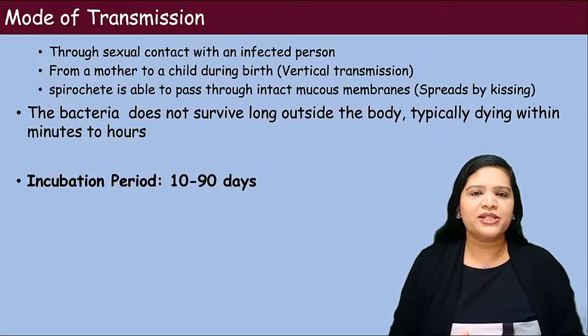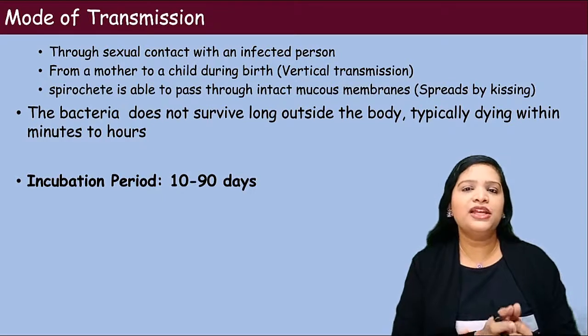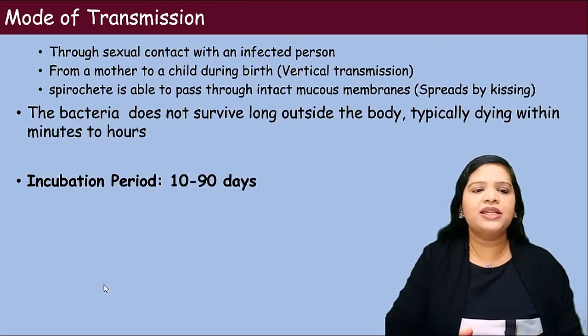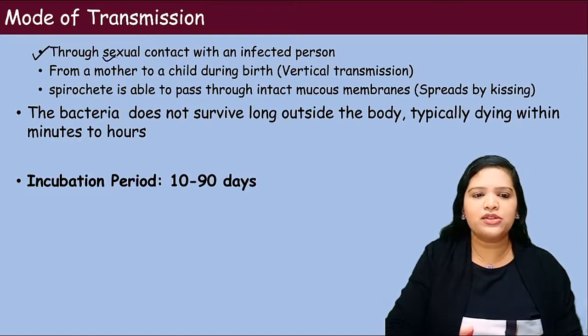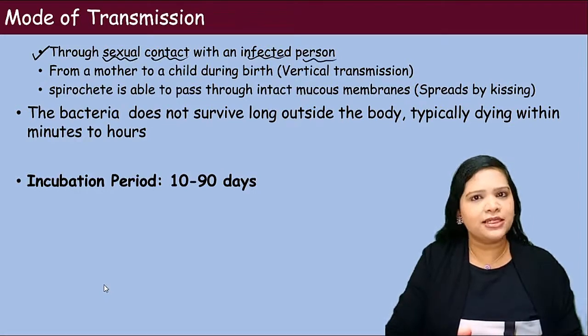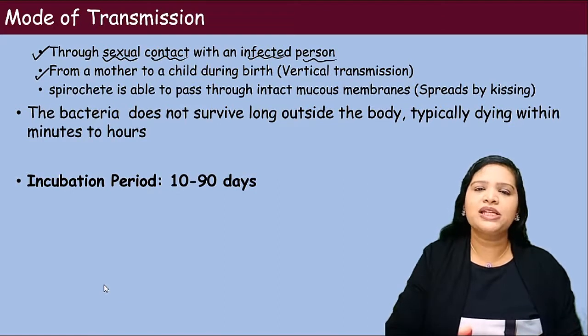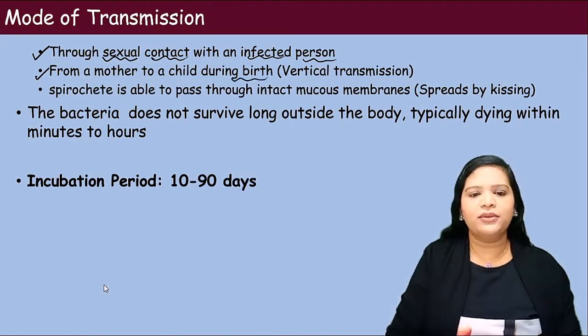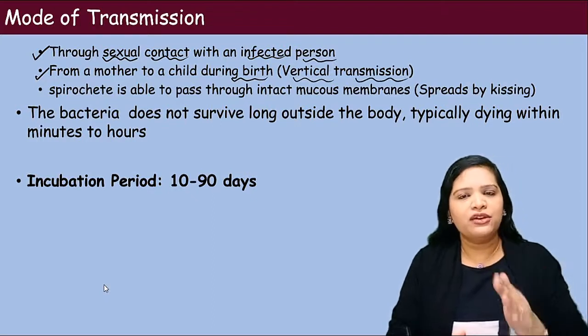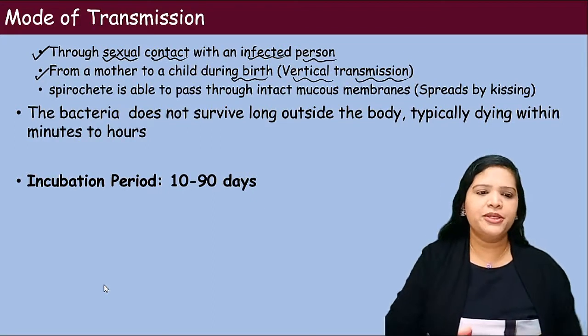Okay, right. So let us see how this infection, syphilis, spreads. We know that this is a sexually transmitted disease, so obviously it spreads through sexual intercourse with the infected person. The second mode of transmission is from a mother to the child, which is called vertical transmission: infection from the mother to her baby.